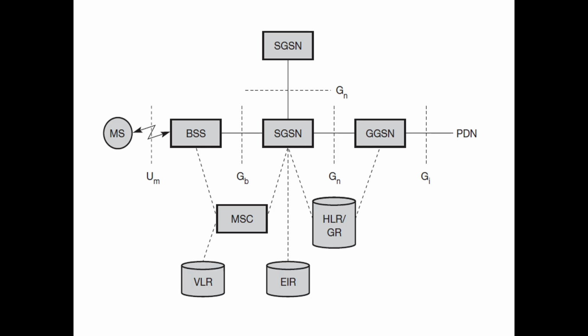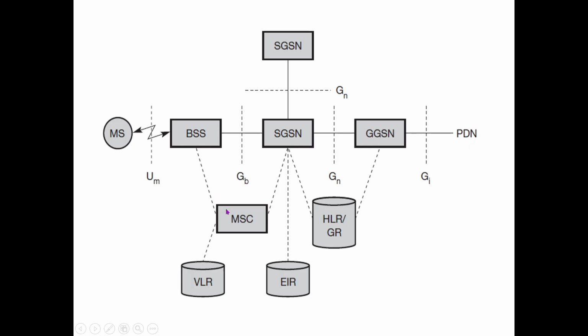The diagrammatic representation of the architecture of the GPRS. The first mobile station, which means our mobile system, is connected to the base station subsystem, and the base station is connected to the serving GSN, and the serving GSN is connected to the PDN.